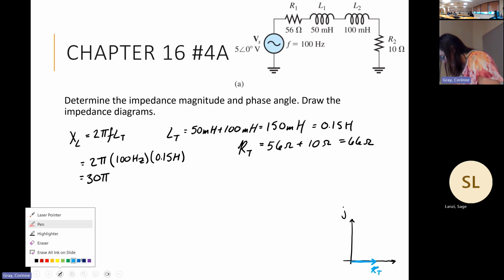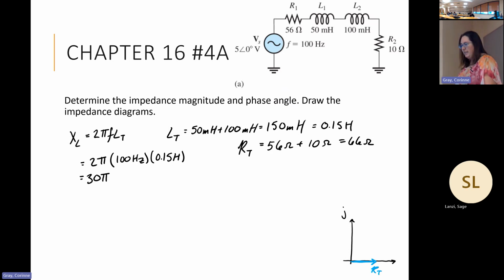We also can plug in the XL value. That should be here. So this is 30 pi or 94.2. If you're familiar with different adding methods for vectors, you could finish the diagram now, or you could do the math and then draw the impedance on here. Both methods are fine.